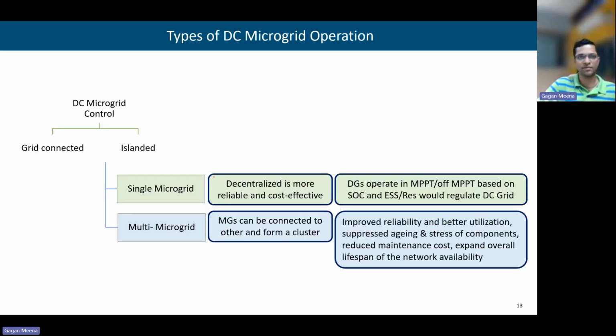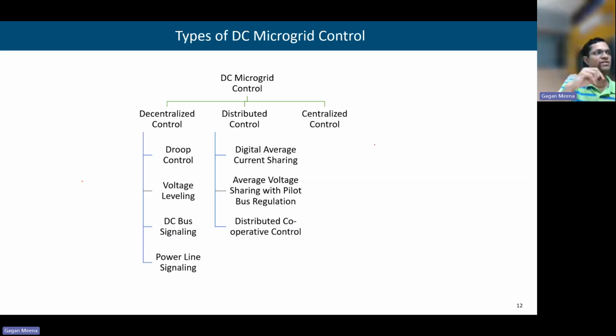The next type of microgrid operation. So in distributed control, in digital average current sharing, it says an approach for accurate voltage regulation and load sharing.